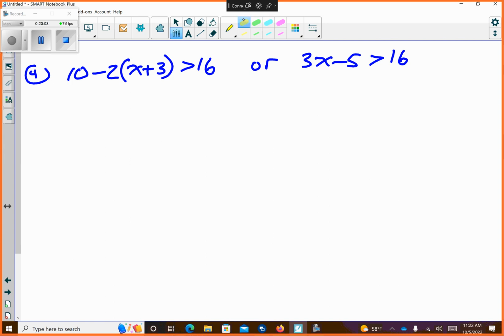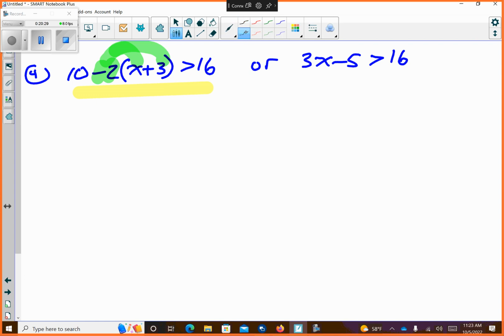Hey, my friends. I'm looking at this first problem here. Still with me? Should I go 10 minus 2? No. What should I do? Yeah, so make sure you remember this. That is such a goofy mistake that people make, and every time you make it, you're like, oh, duh.